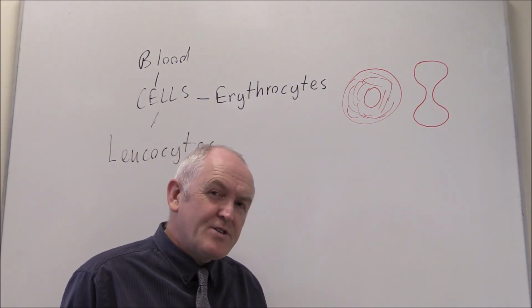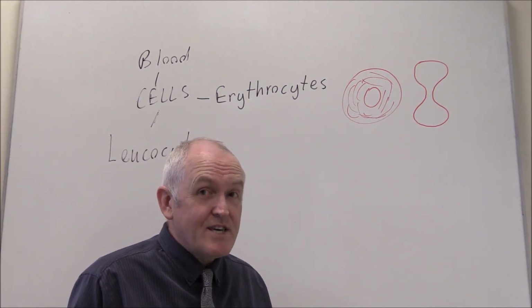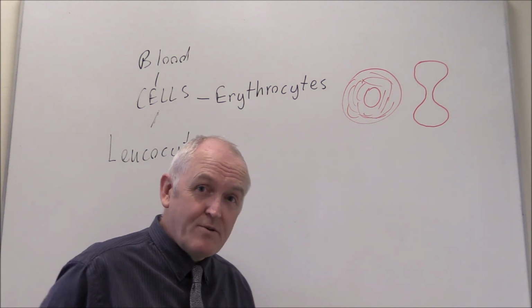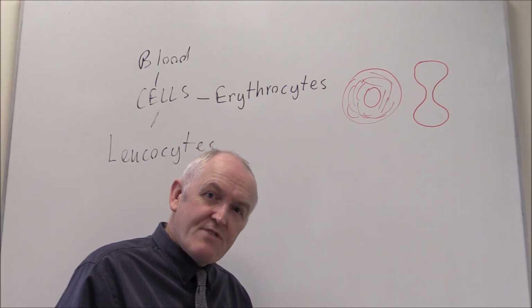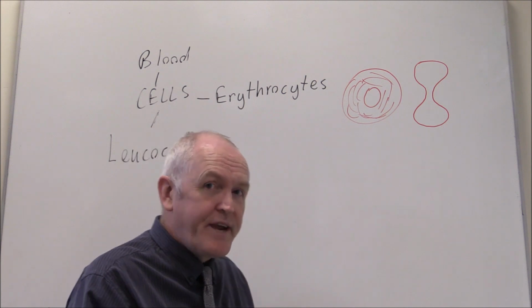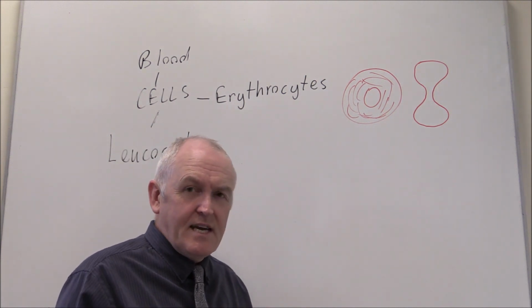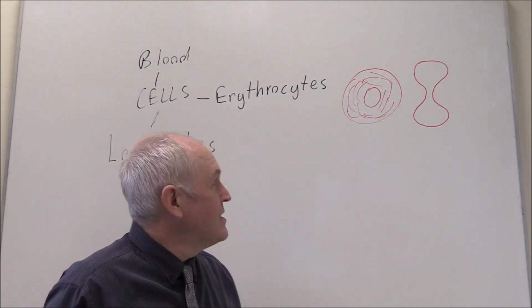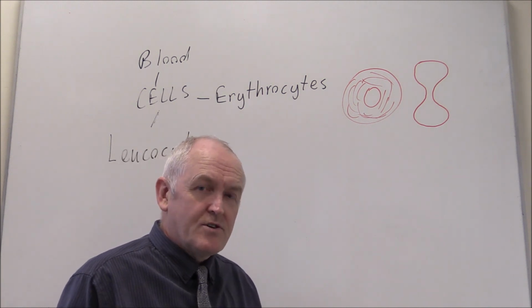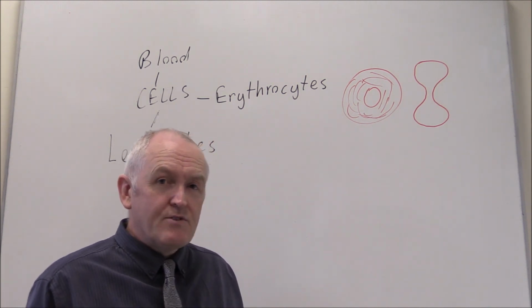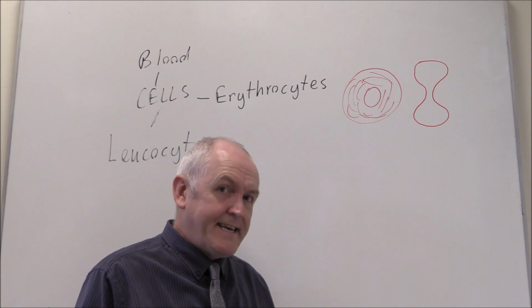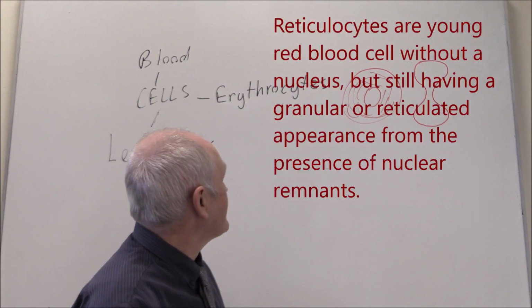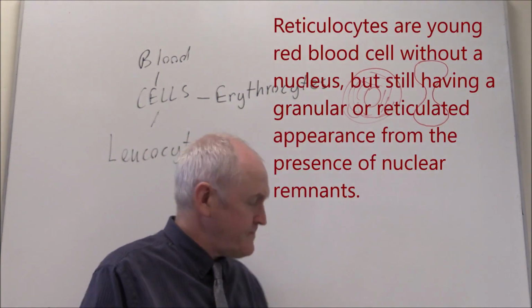And actually, for the first couple of days, when the red cells have just been released from the bone marrow, it's still possible, if they're correctly stained, to see some nuclear fragments in those very, very young red cells when they're only a day or two old. And these very young red cells are called reticulocytes. So that's the erythrocytes.